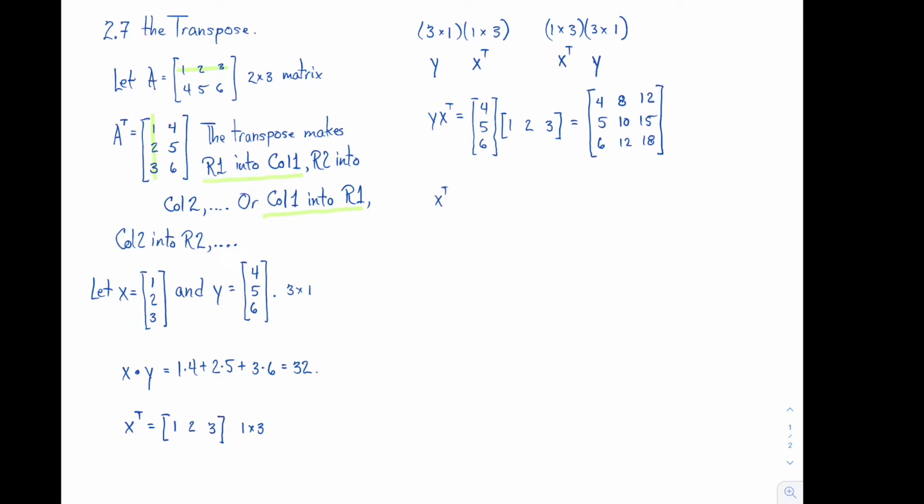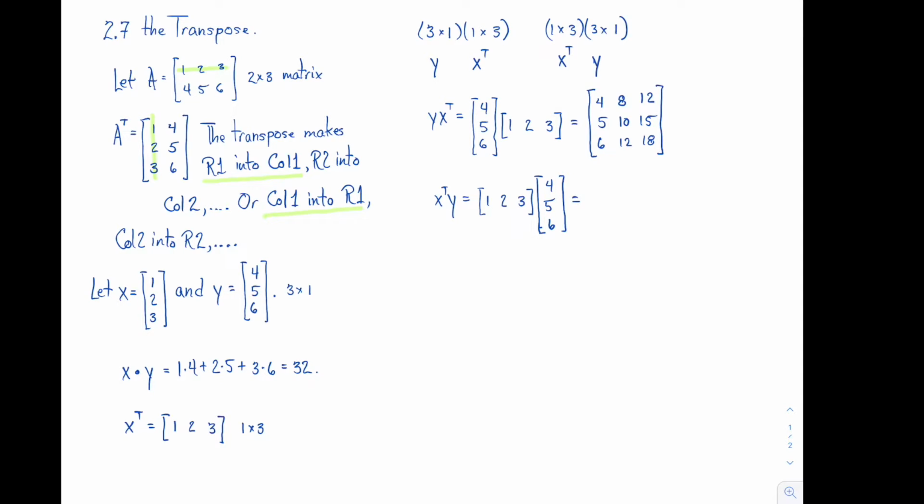Now let's try x transposed y. Well, x transposed is now 1, 2, 3 times y, which is 4, 5, 6. Now, notice what's going to happen.